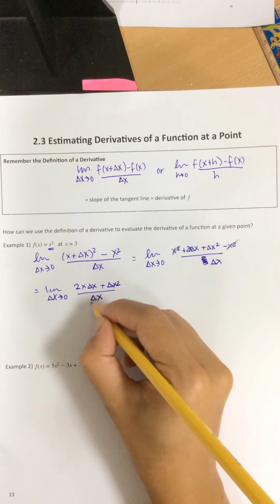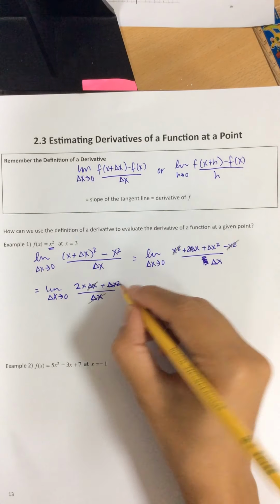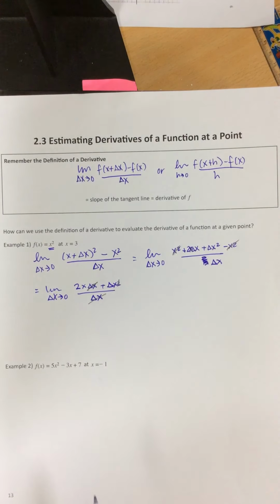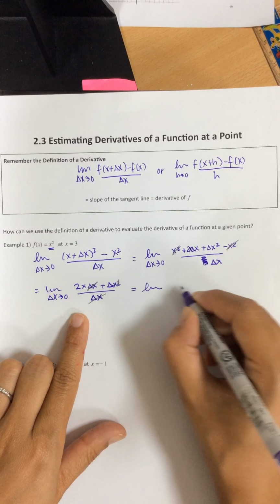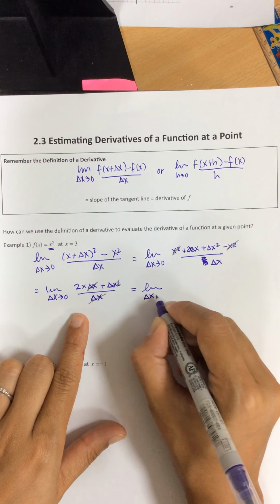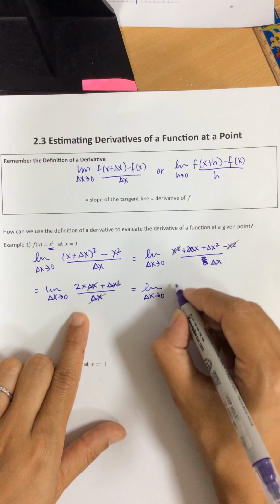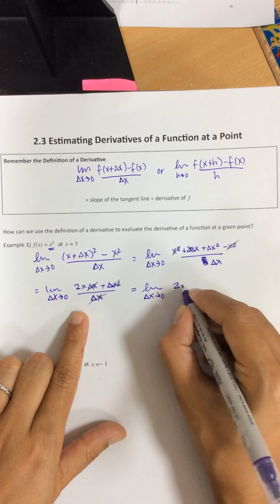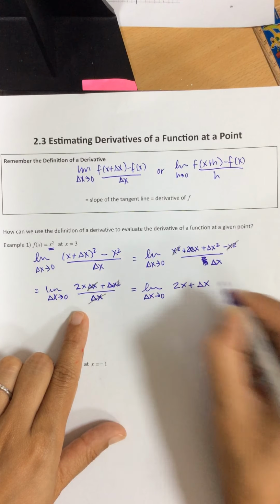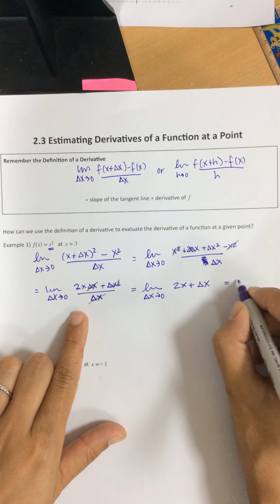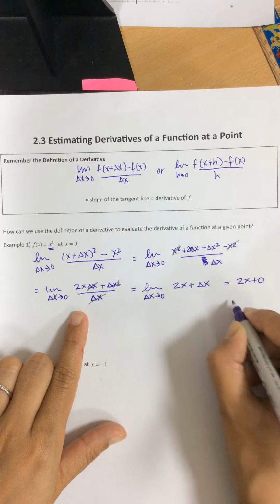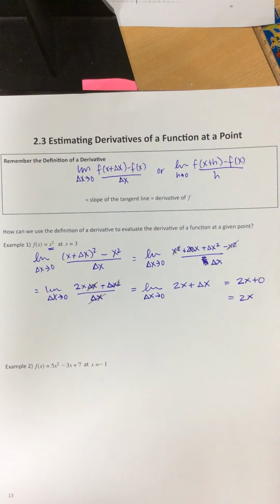So right away I can see this delta x cancels out with that delta x, and then I can take this squared off, right? So I have eliminated delta x from the denominator, which was my goal, because now I can just straight up plug in delta x as 0, right? So 2x plus delta x. Okay, delta x is 0, so this thing equals 2x plus 0, which means this thing is equal to 2x.